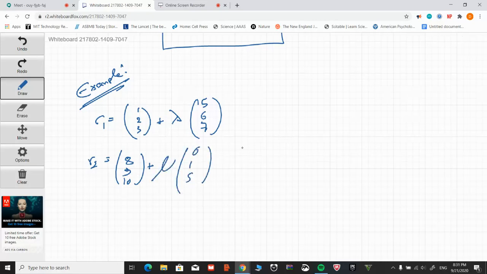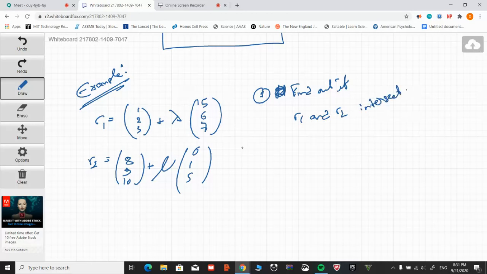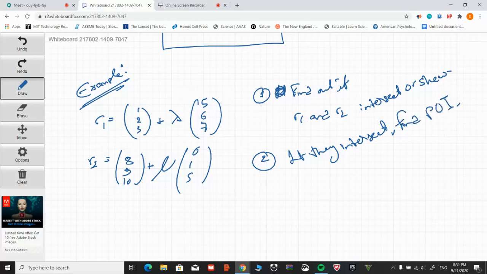And I ask you two questions. First, find out if R1 and R2, which are two lines, intersect or if they are skew. Number two, if they intersect, find the point of intersection.